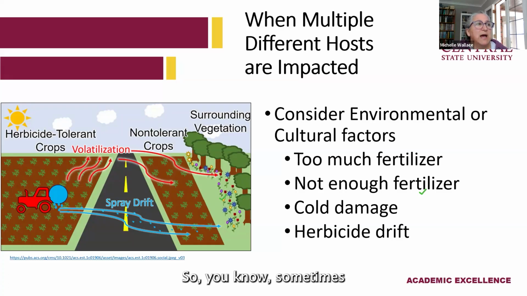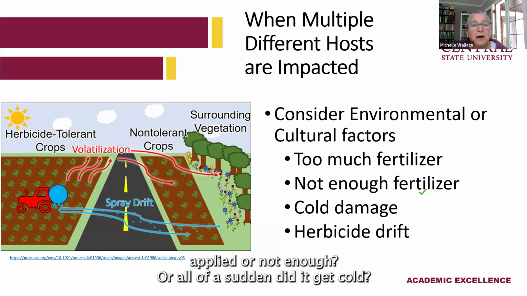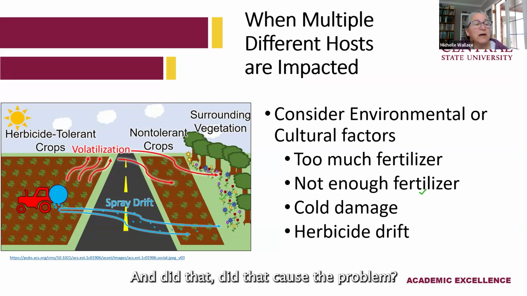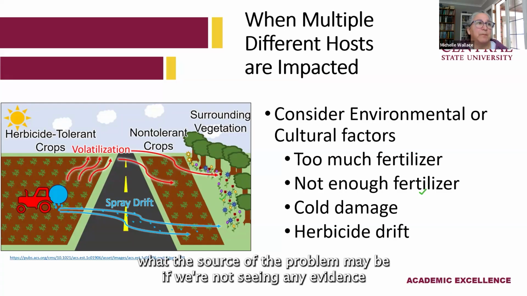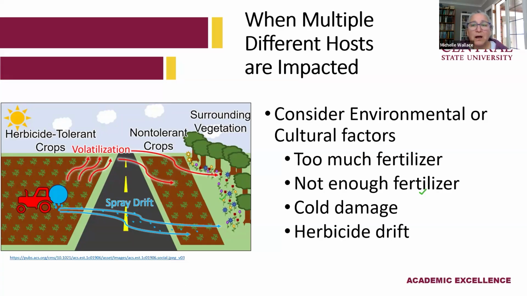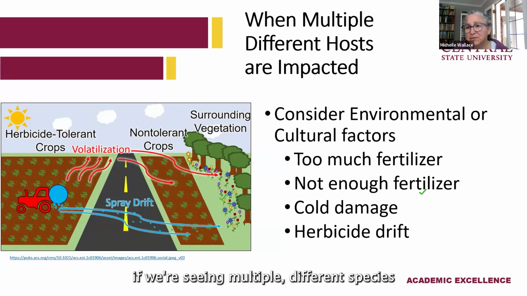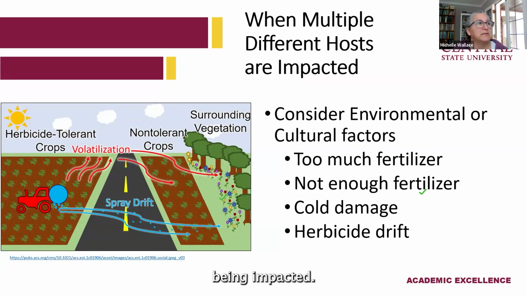So sometimes we inadvertently cause the problem, or there was too much fertilizer applied or not enough, or all of a sudden did it get cold and did that cause the problem? So we want to figure out what the source of the problem may be if we're not seeing any evidence of a biological organism, and if we're seeing multiple different species being impacted.